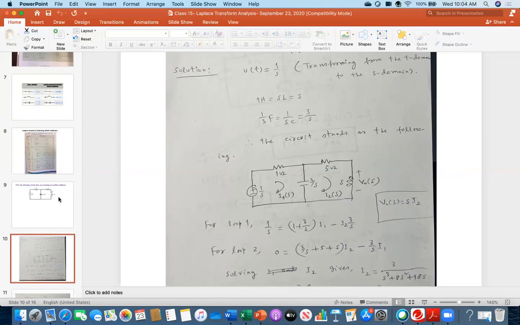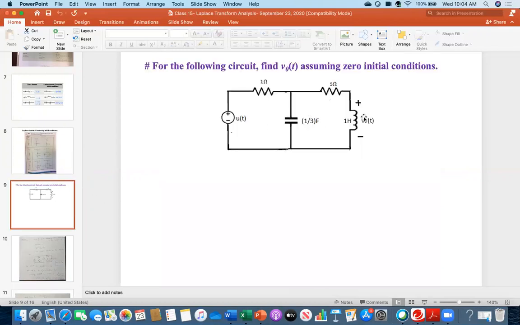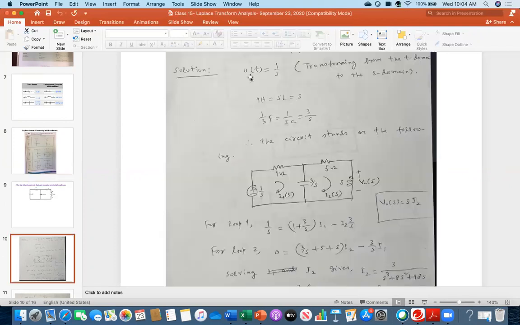I am converting everything in this circuit into the Laplace domain. How to do the Laplace transform, we will do later, but first see the approach. I am converting this source, this component and this component into the Laplace domain. So for the source u(t), it will be 1 over s. Now, how I will get this one, I think I will discuss in the next class.